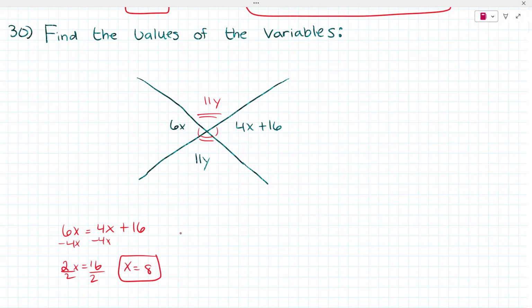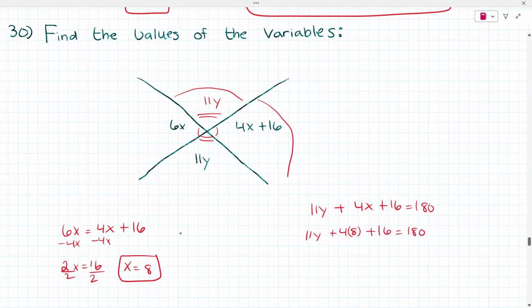What else do we know about this image? So we know that this angle plus this angle forms a straight line or a linear pair, meaning they add up to 180, right? You could say 11y plus 4x plus 16 equals 180. And what else do we know? We know that x is 8. So we could say 11y plus 4 times 8 plus 16 equals 180.